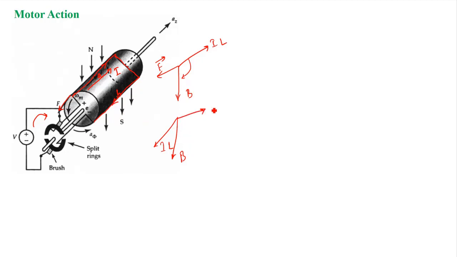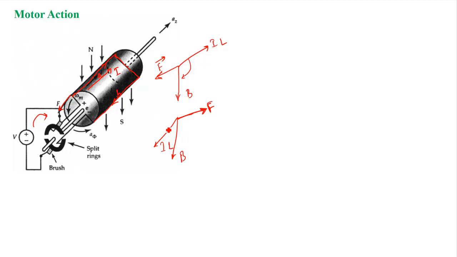It will be in this direction. So previously the force was in this direction in conductor A, and the force on conductor B is exactly opposite. Therefore the force on both conductors will be in the direction of rotation.